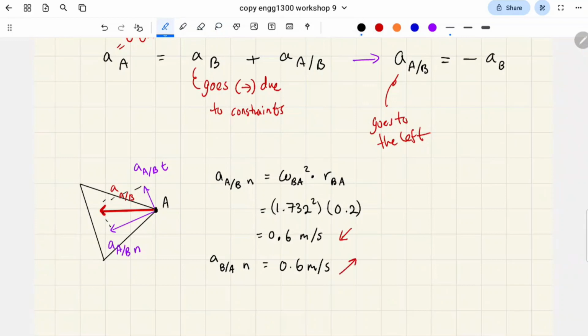So they're just opposites of each other because I've swapped around A and B, right? So I'll just redraw that here. So those components split up and look like this.